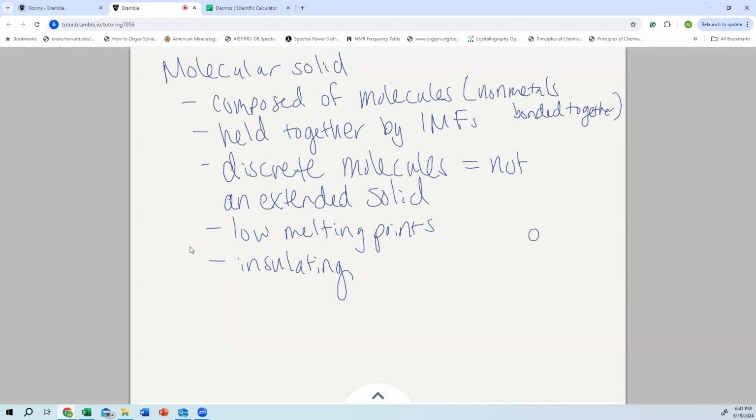But they're molecules, like water would be an example if it's in the solid state, or methane in the solid state. Any of these where we have a discrete molecule in the solid state would be a molecular solid. Oh, I2 would also be a molecular solid, and that one's actually a solid at room temperature.